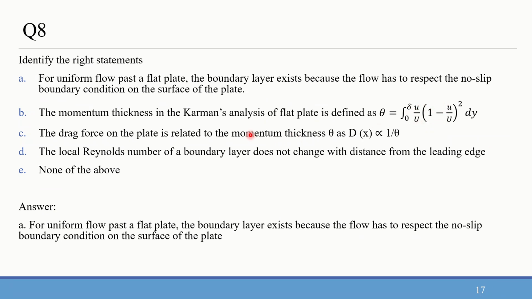Third one, the drag force on the plate is related to the momentum thickness theta as D is inversely proportional to theta, that is D is proportional to 1 by theta.